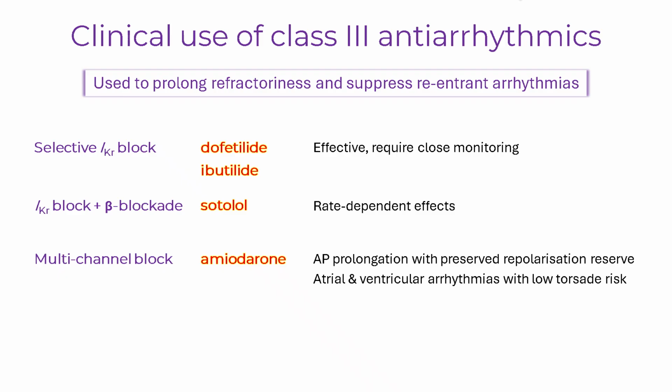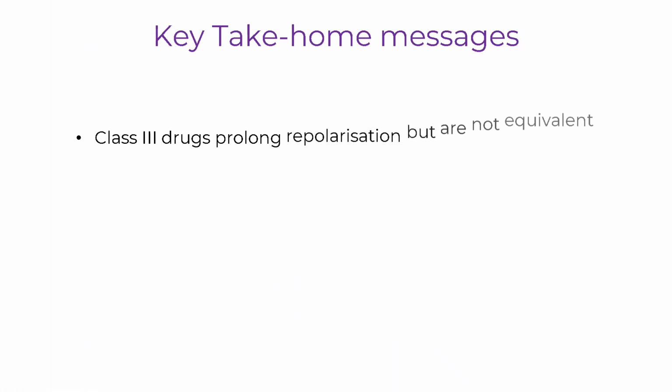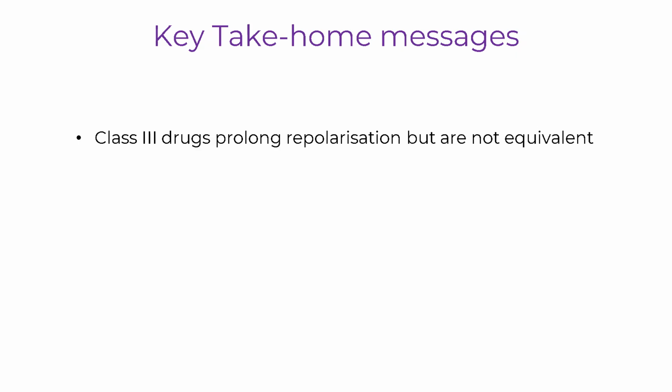Ultimately, the clinical use of class 3 antiarrhythmics reflects a balance between efficacy and safety, determined not simply by drug class, but by how each drug interacts with repolarization reserve and with the patient's underlying physiology. To summarise, class 3 antiarrhythmic drugs all prolong repolarization, but they are not interchangeable.